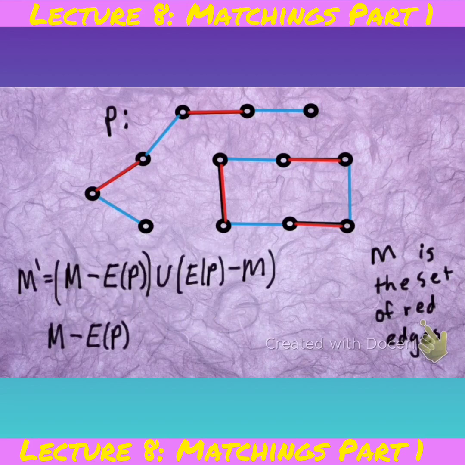Right, let's look at this set first. M, which is the set of all of the red edges, minus all the red edges on the path P. Which are those edges? It's pretty much all the remaining red edges. So it is going to be that edge, that edge, that edge.